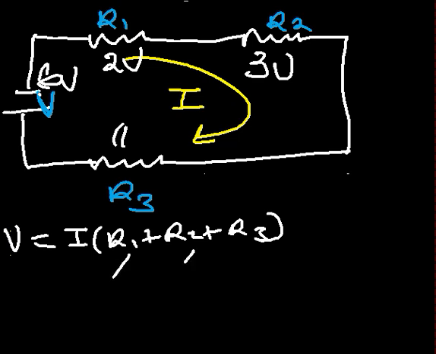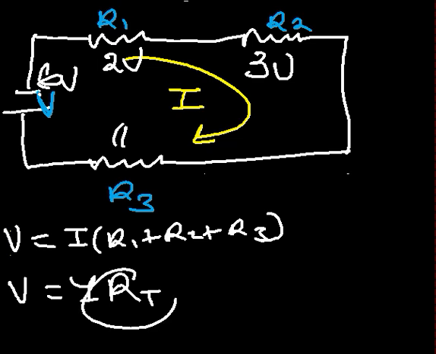It tells us that that's the total resistance. So the voltage is equal to the current times R total, which is the equivalent resistance, the total resistance.